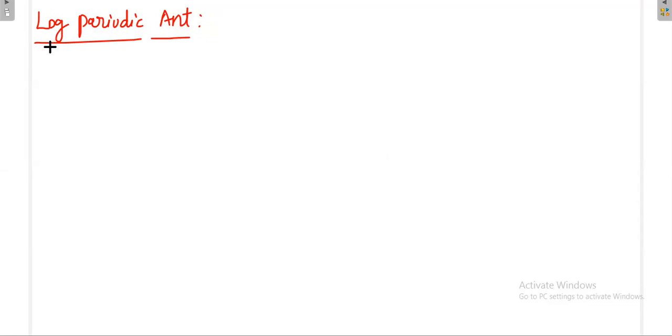That's why you take log. So a log periodic antenna is a broadband or wideband antenna. That's very, very important.